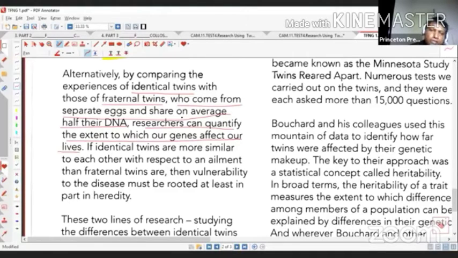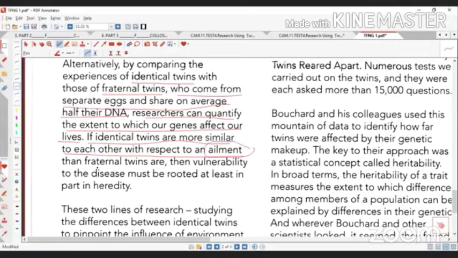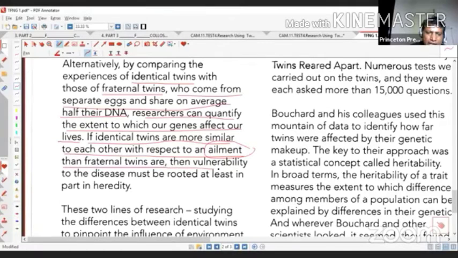Because they will compare with fraternal twins, and if identical twins are more similar to each other with respect to an ailment, meaning disease, then the vulnerability to the disease must be rooted at least partly in heredity. So let me read once more here.